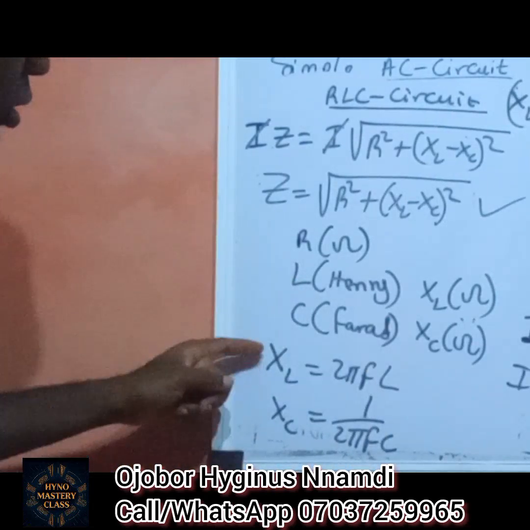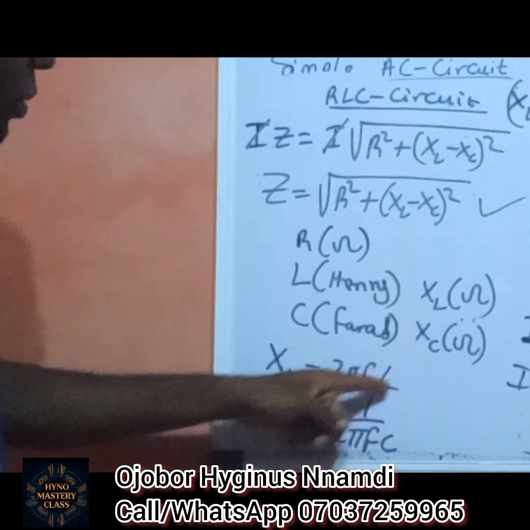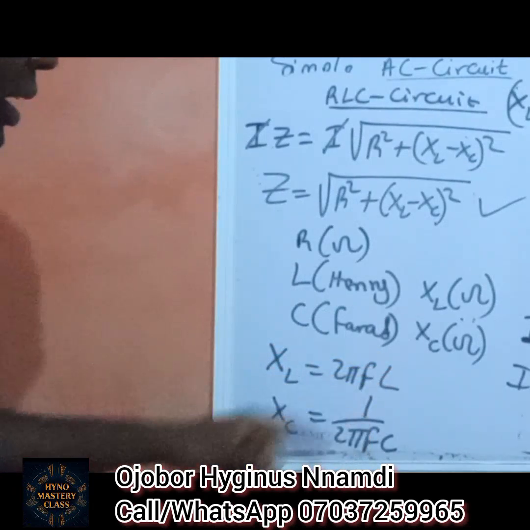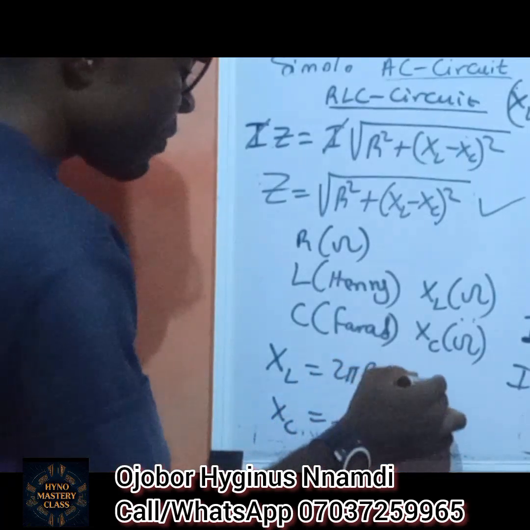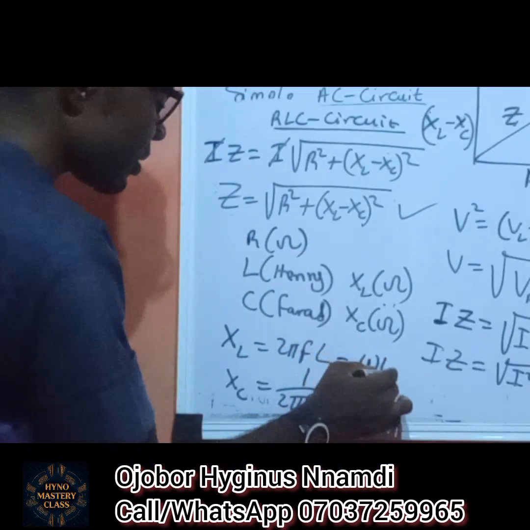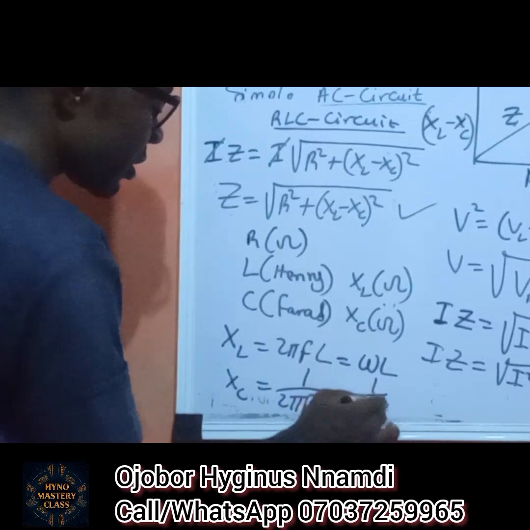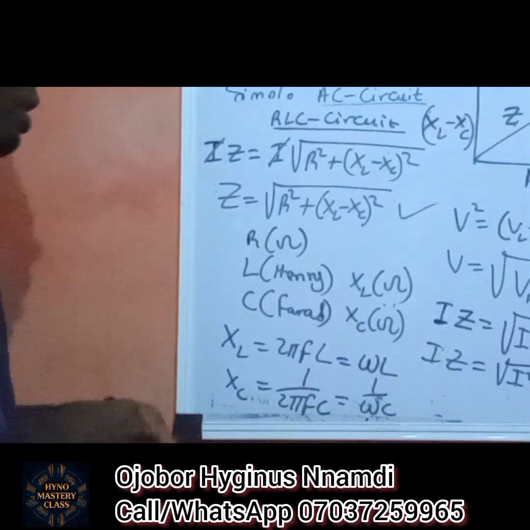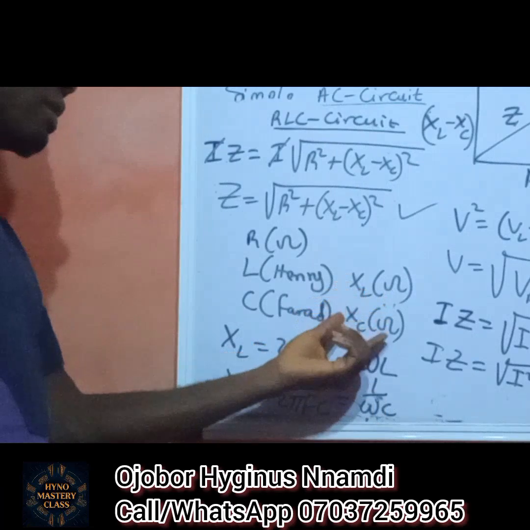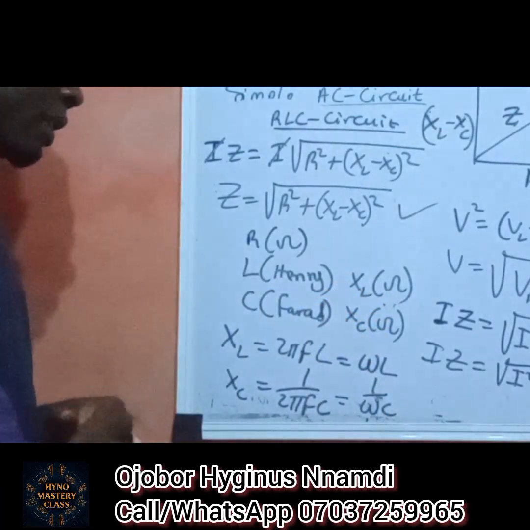So inductive reactance is 2 pi FL, while capacitive reactance is 1 over 2 pi FC, and 2 pi F is the angular frequency, omega. So this can be represented with omega L, and this with 1 over omega C. That is how we are able to get the inductive reactance and capacitive reactance.